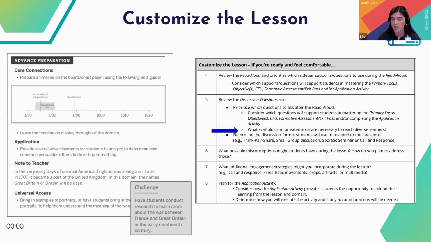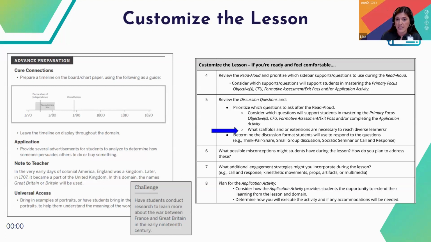Some key things to note here: first, we really want to consider which questions are necessary to ask in the lesson to support student understanding, as well as prepare them for how they will be assessed. Do we need to ask them all of the questions as we're reading to them? Can some be removed to save some time? Can some be adjusted?